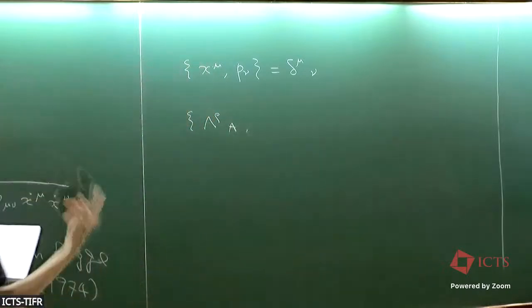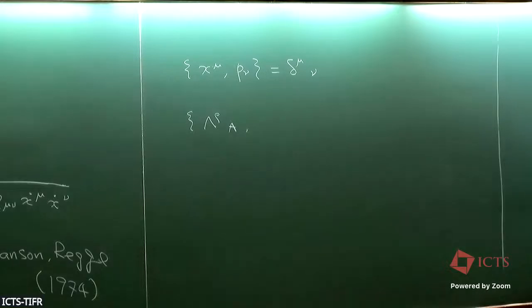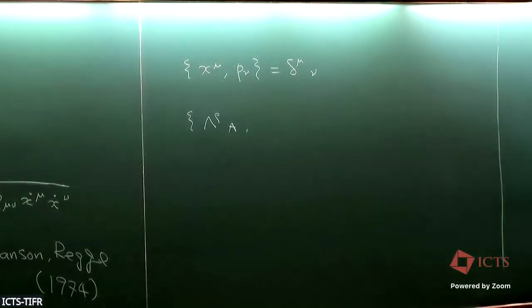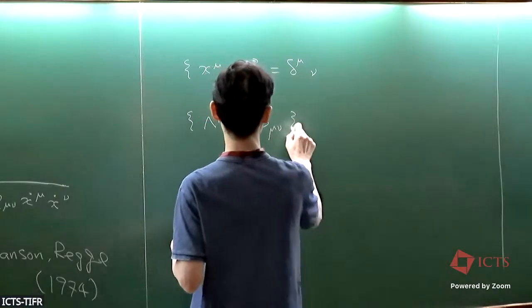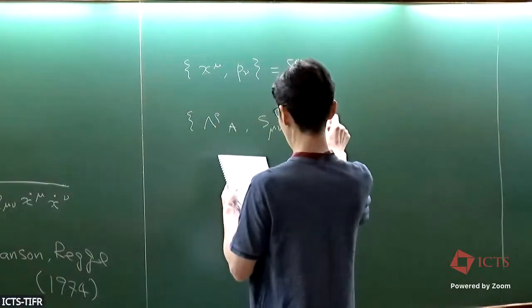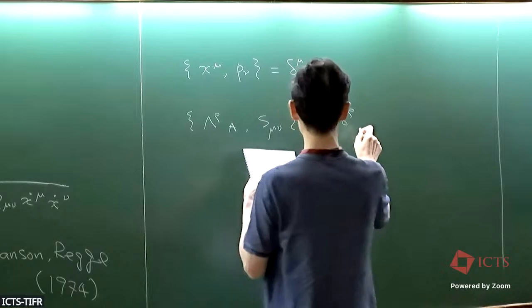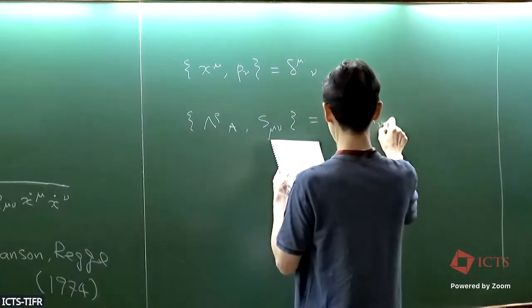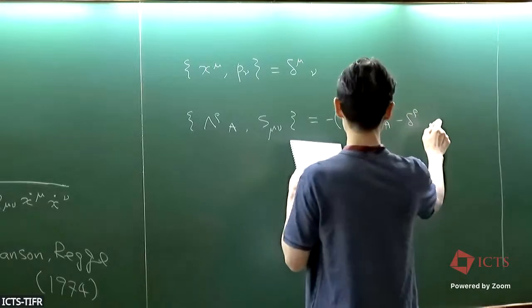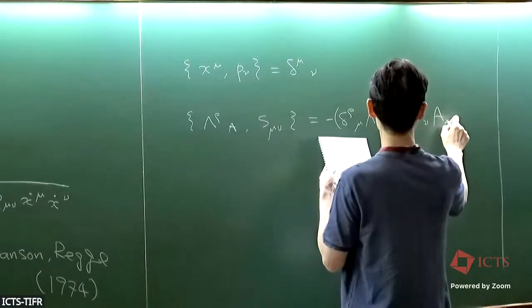For the rotational degrees of freedom, we want the relativistic generalization of the Euler angles and the associated angular momentum. So we write down the obvious index structure compatible with the symmetry.